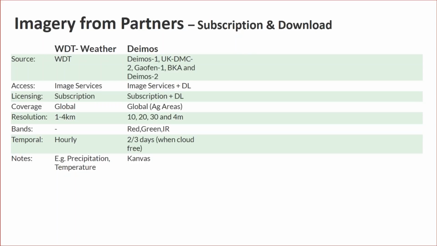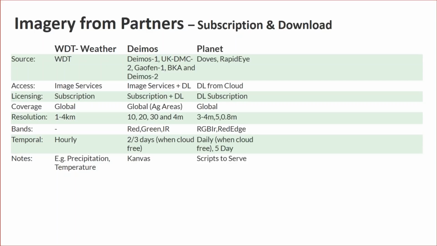There is DMC. DMC Imaging provide satellite imagery from their DMC satellites as well as some other satellites, and you can get that as a subscription as well as download the data, and that provides resolutions from about 10 to 20 meters, and that's actually updated in agricultural areas about every 2 to 3 days, assuming it's cloud free, and they have an application called Canvas that you can subscribe to.